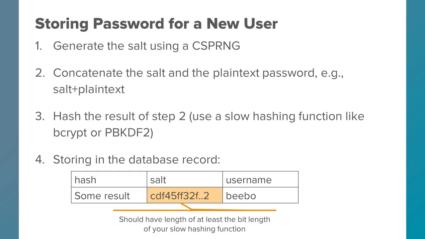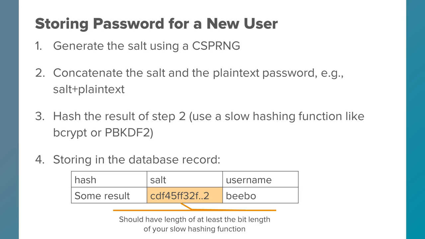The way you would want to store a password for a new user is the following. First, you want to generate that salt using the CSPRNG, so the cryptographically secure pseudo-random number generator. And then you want to concatenate that salt with the plaintext password that the user has given.